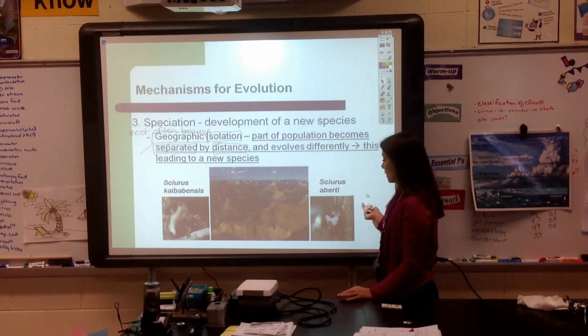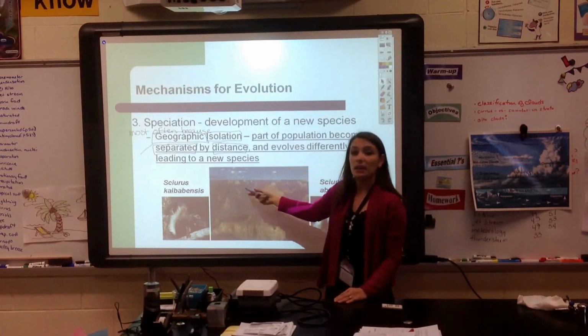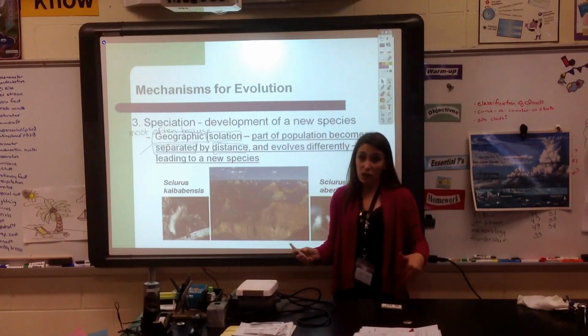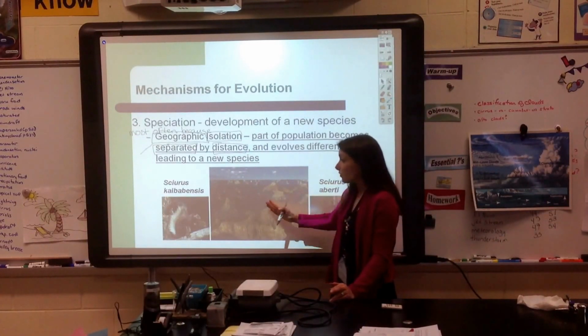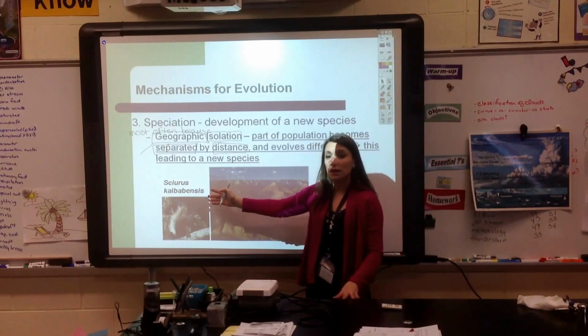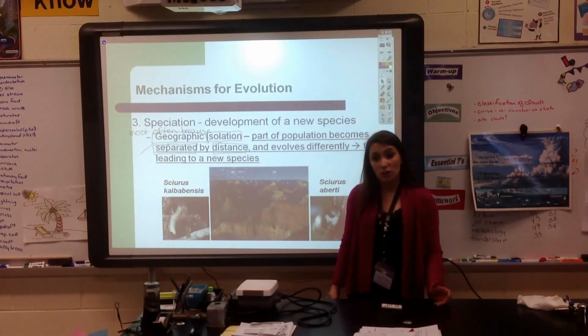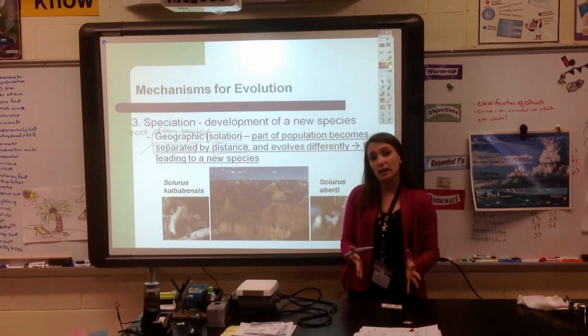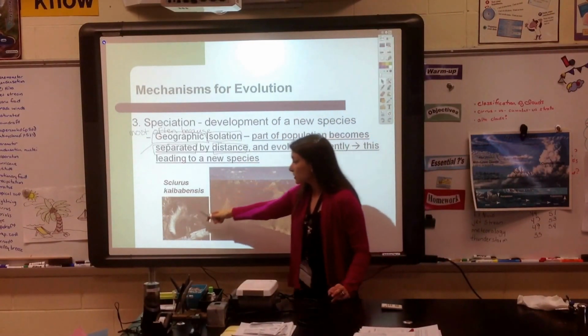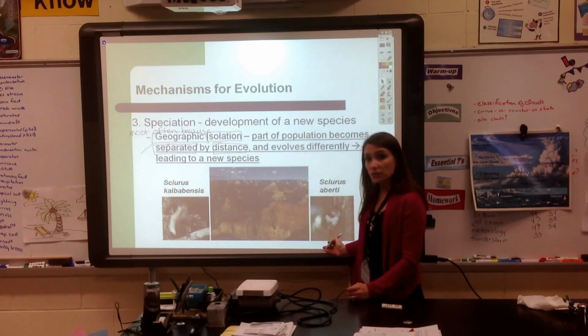One of the most common examples is the Grand Canyon. Now the Grand Canyon was carved out by a river. It used to just be a river that ran through that part of the United States. And that river no longer exists, and so the land is separated by this huge canyon. And there were squirrels on one side and squirrels on the other side.